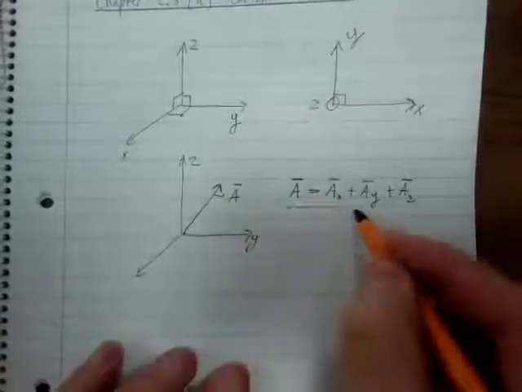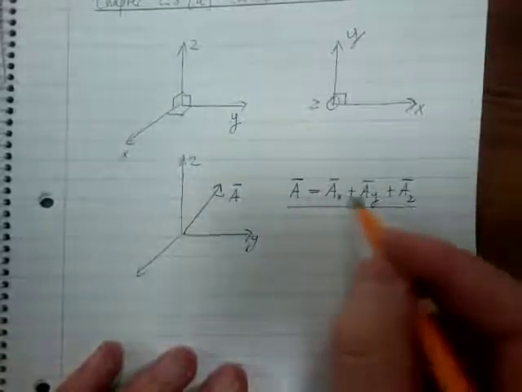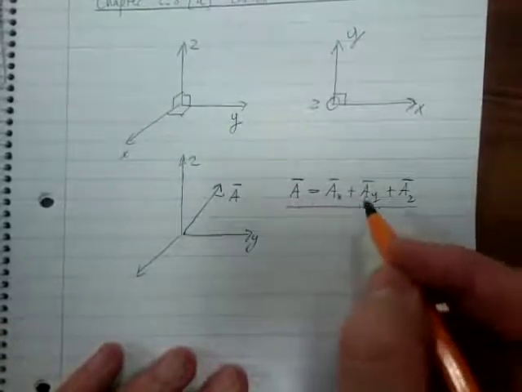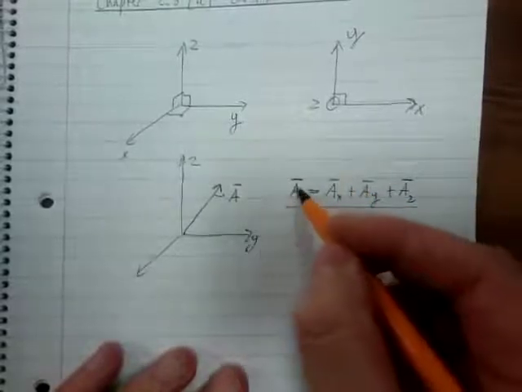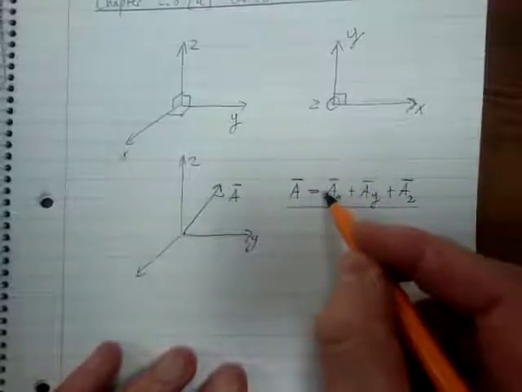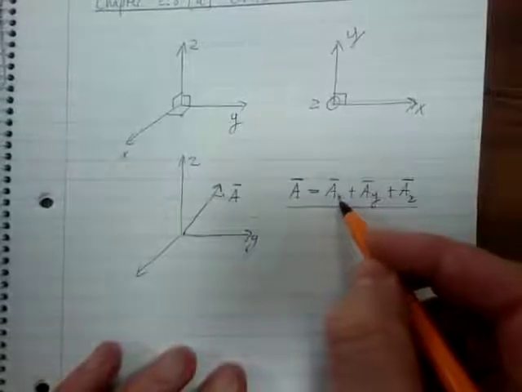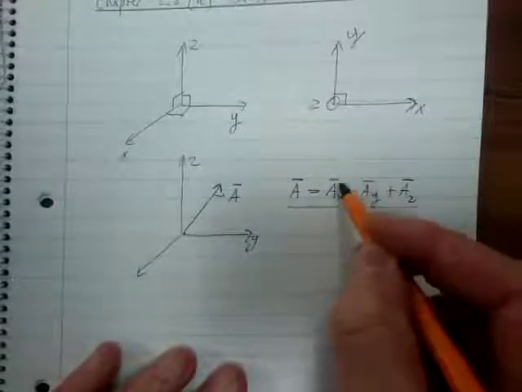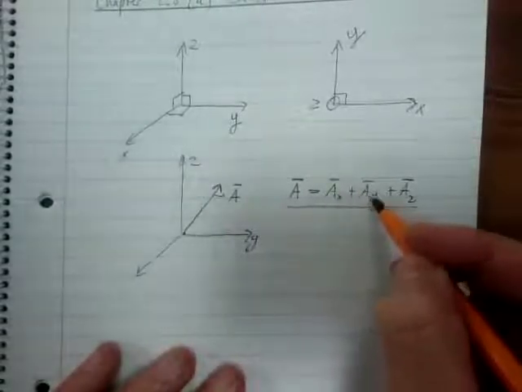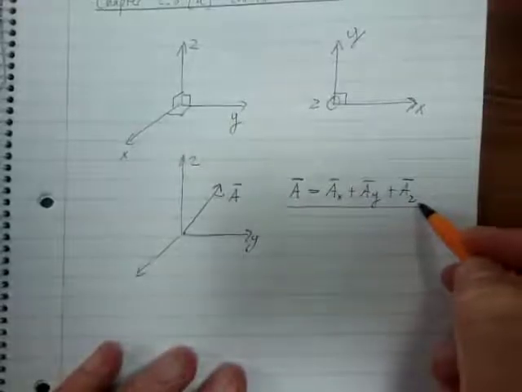Please take note, this is in vector form, but this is not in Cartesian vector form. All we're saying is that the vector A is equal to the addition of the x component of A plus the y component of A plus the z component.